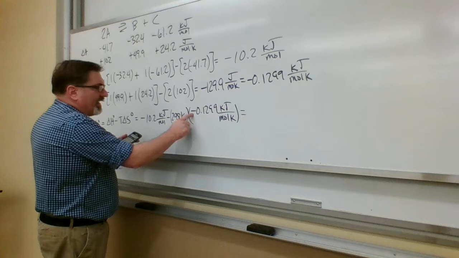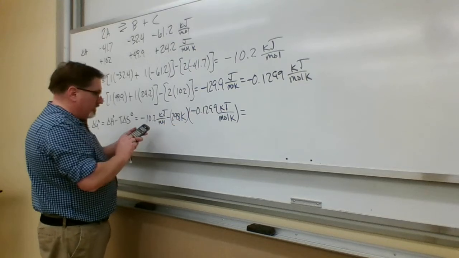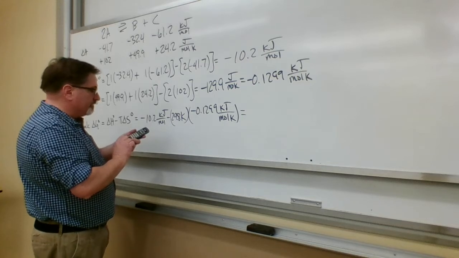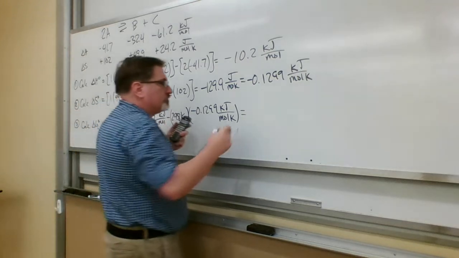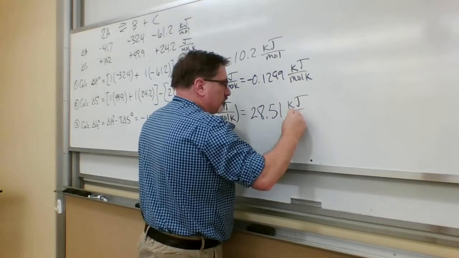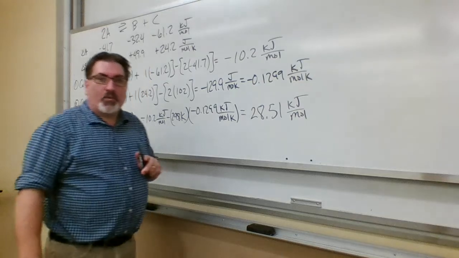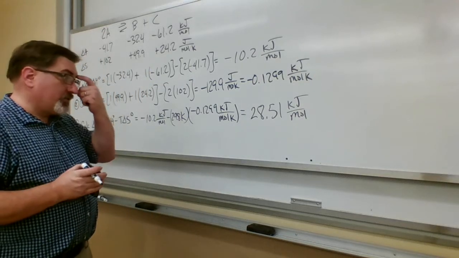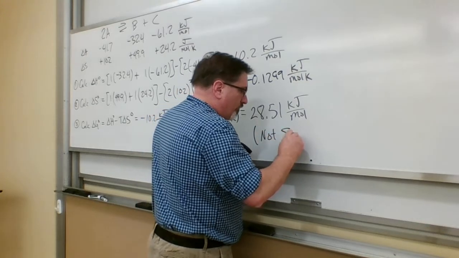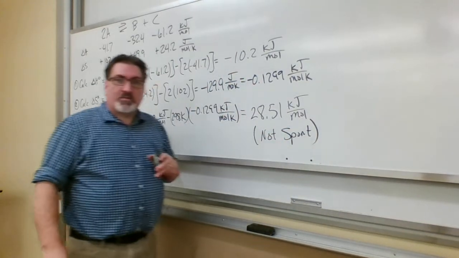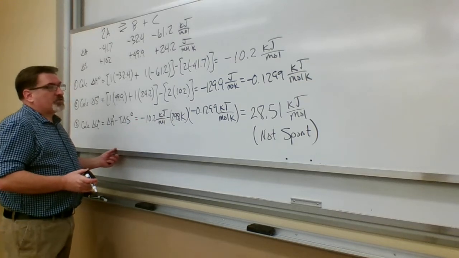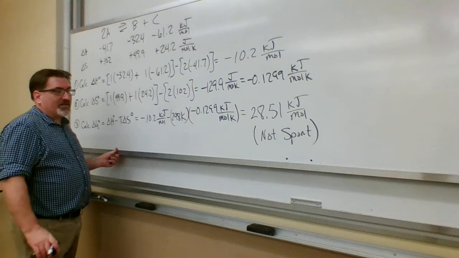These negatives here cancel, so this becomes plus 298 times 0.1299. I get 28.51 kilojoules per mole. That would also mean non-spontaneous, right? Because delta G is positive. So at standard conditions, this is a non-spontaneous reaction.